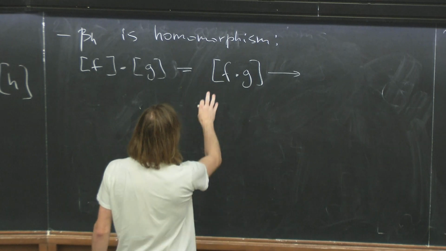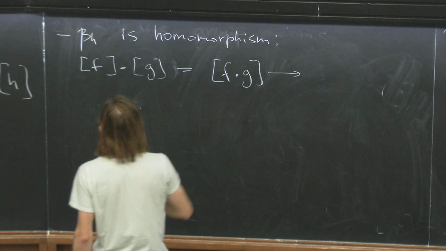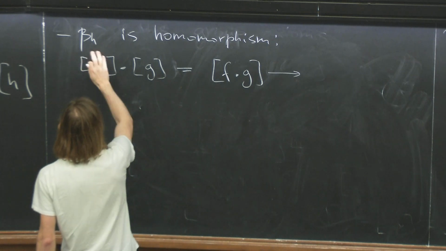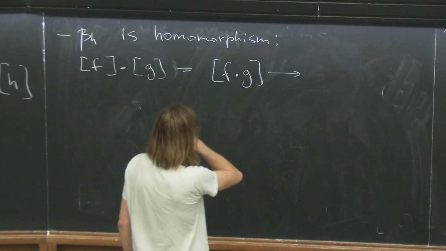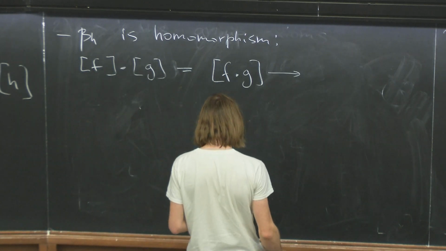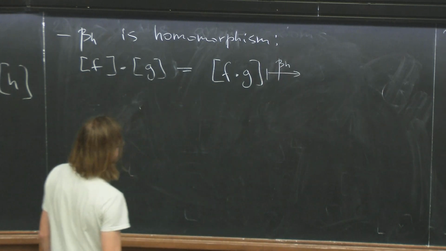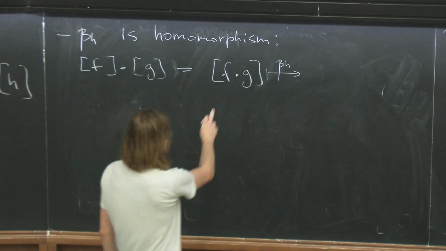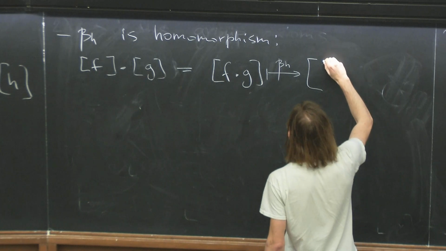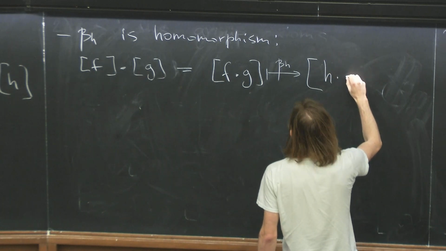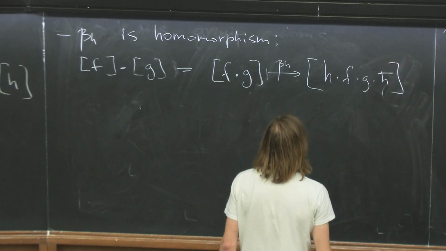So we need to check that if we act on this element by beta h, this will be the same as the product of the action of beta h on f and on g. So let's see where beta h takes this element. By definition of beta h, this will be taken to h composed with f, composed with g, composed with h bar.